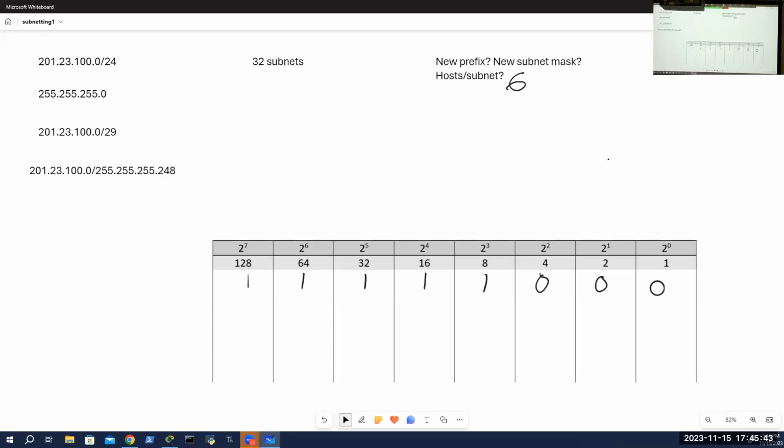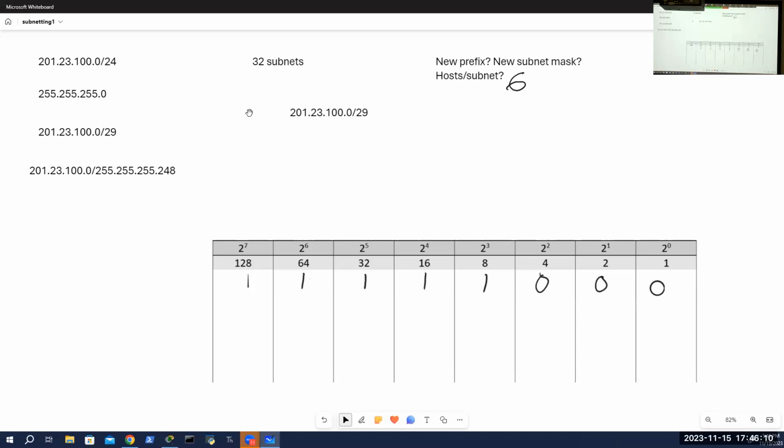And then let's go ahead and enumerate at least the first few subnets that we've created by doing this. So the first one is always your original network. Whatever you're starting with, with the new prefix, that's always your first network ID.